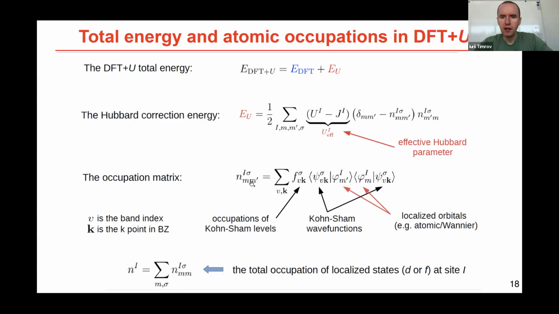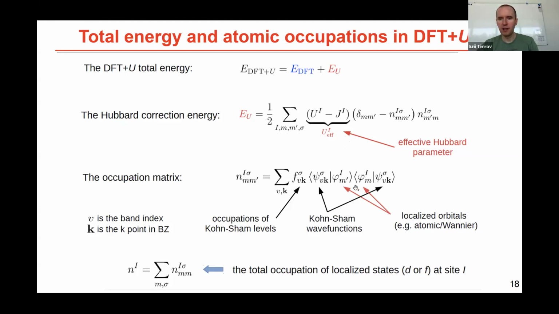Okay, we know now the occupation matrix. It's a very fundamental property in DFT plus U. Then we also have the effective U parameter that is not known. This Hubbard U parameter, but also these projectors phi, are free to choose. The theory doesn't tell you what those are. So you can choose the value of Hubbard U, and you can choose how to represent your localized basis set.